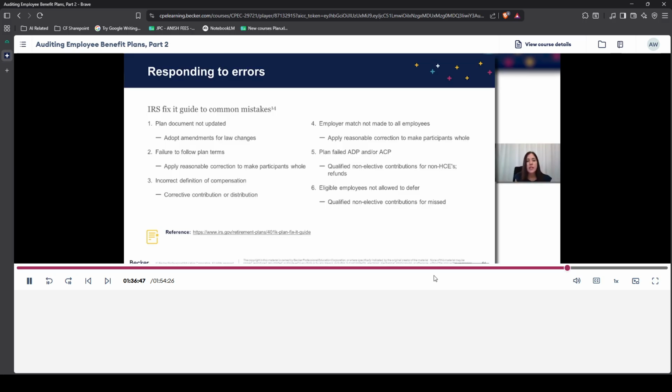And as you can see here from some of these corrections, the majority of the time, they just want the participant to be made whole, and they can make the participant whole either through corrective contributions or distributions made by the plan sponsor. So I'll give you just a half a second here to glance through some of these.